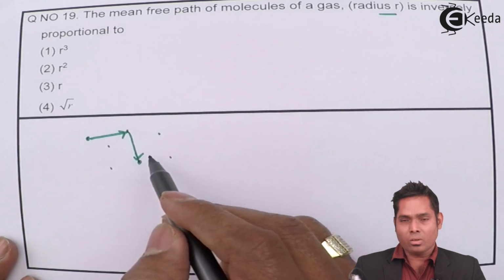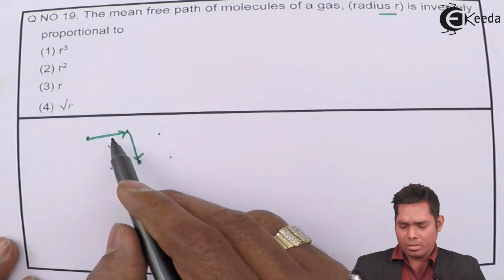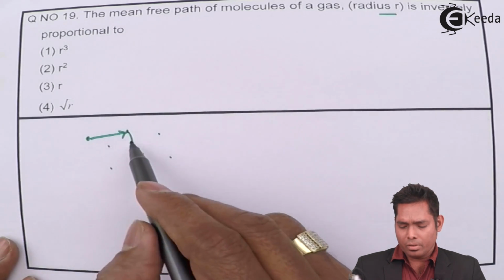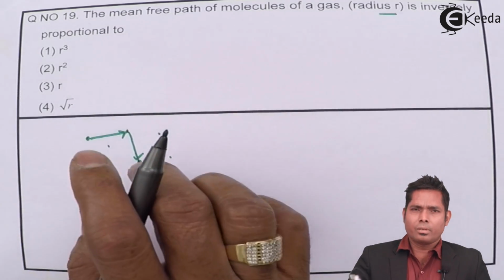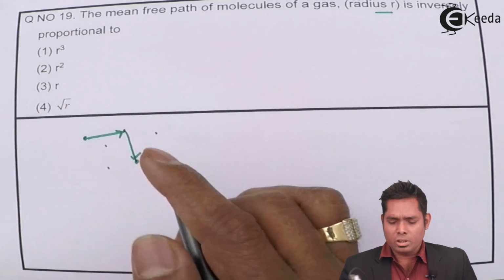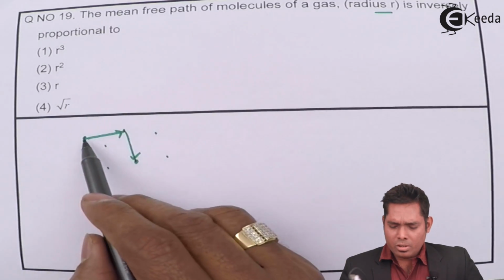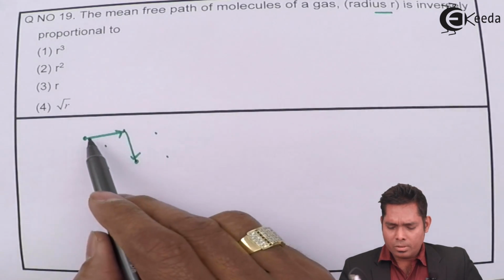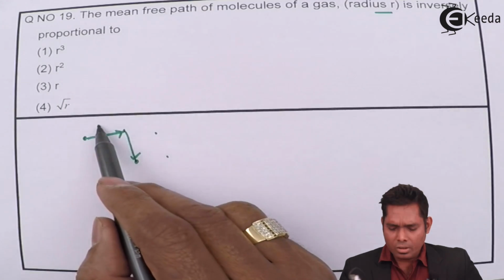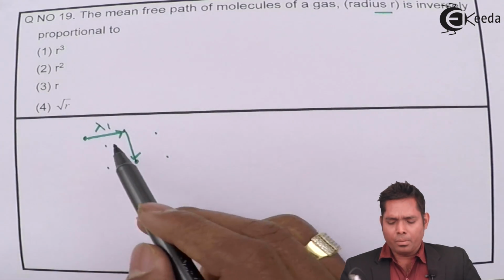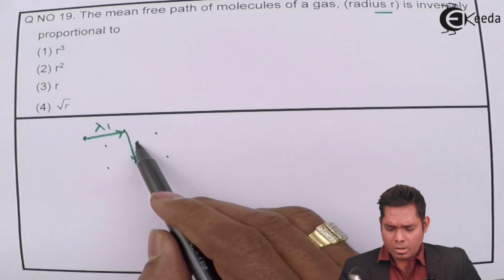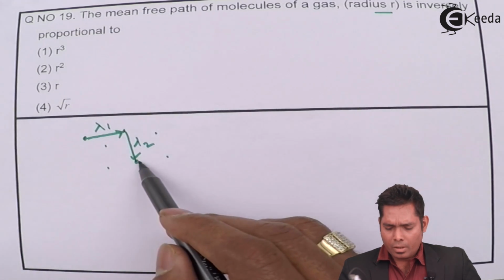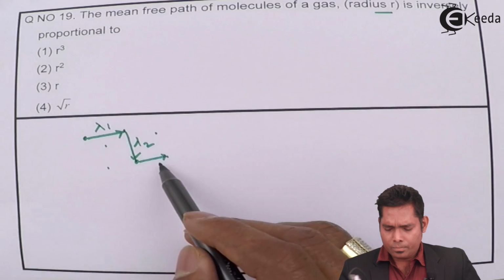Though these molecules are not fixed, they might be in collisions randomly one after another. This is an instantaneous position. So the distance between two successive collisions, this is known as free path. Similarly, the second time this collides, this is called free path, and this is another free path.